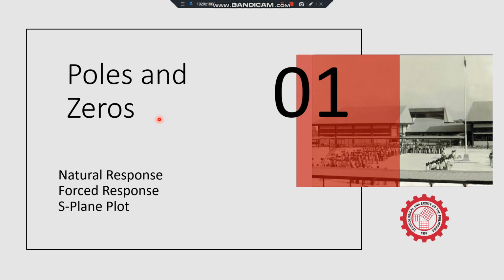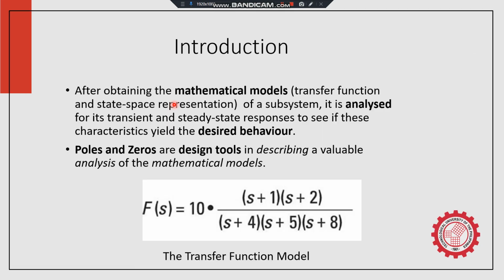On our topic 1, poles and zeros. After obtaining the mathematical models, the transfer function, and the state space representation of a subsystem, it is analyzed for its transient and steady state responses to see if these characteristics yield the desired behavior.